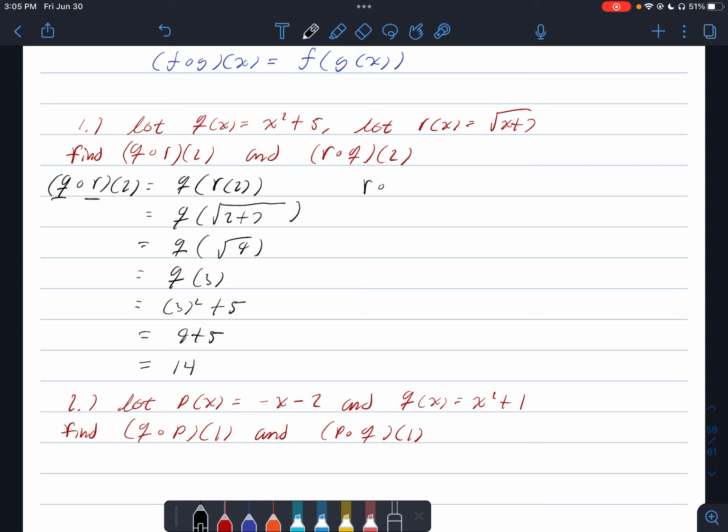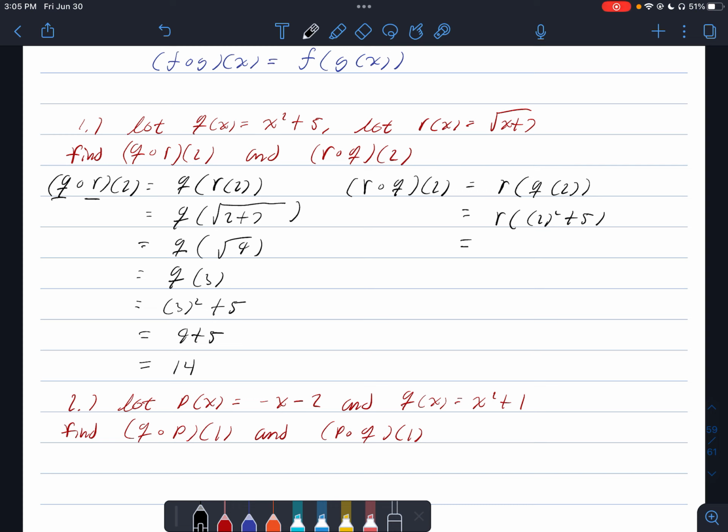Let's do r composed with q of 2. All right, so this is going to be r of q of 2. Let's see what q of 2 is. So this would be r of 2 squared plus 5.